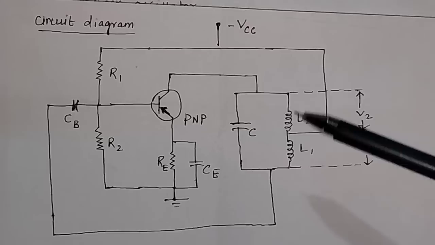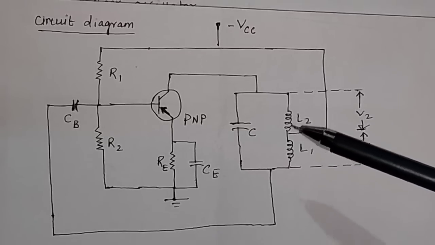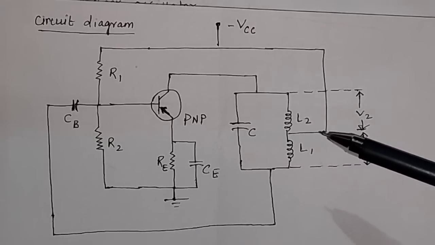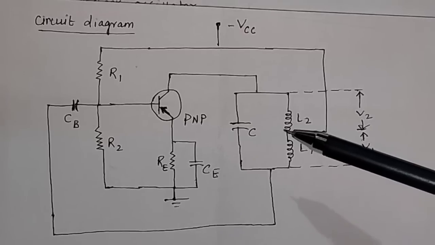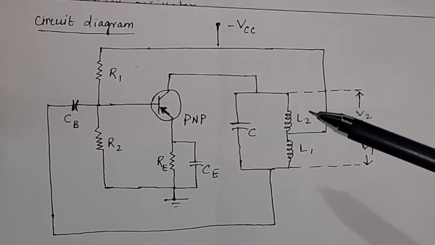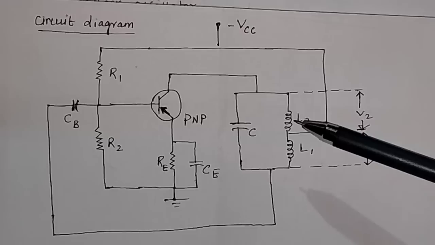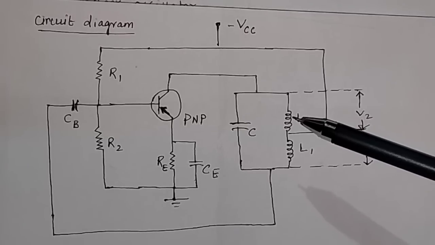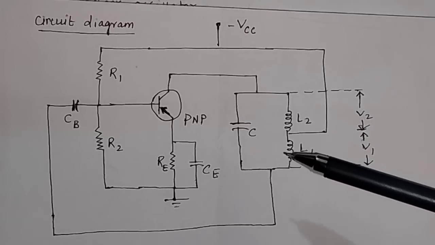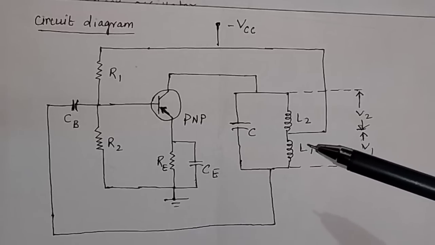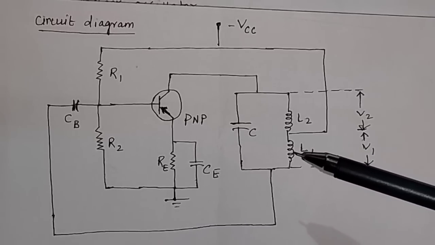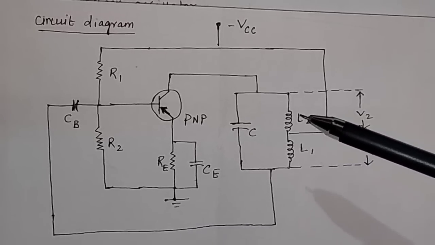It is one inductor, there is no partition of the inductor, it is one inductor with a central tap. When you give some voltage to this coil L2, what will happen? That will produce a magnetic flux, and this magnetic flux will induce a voltage in L1.